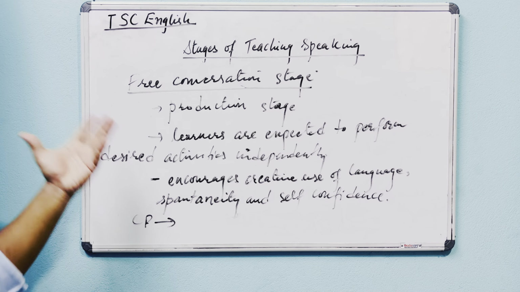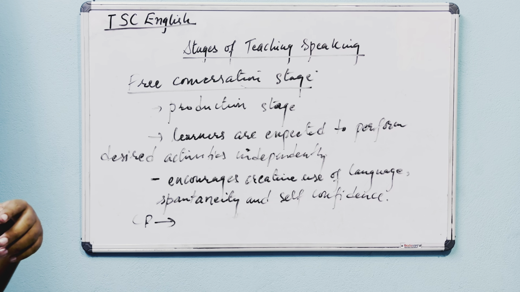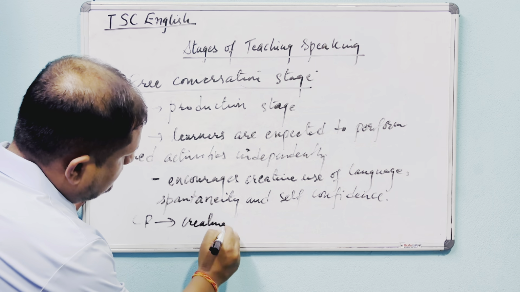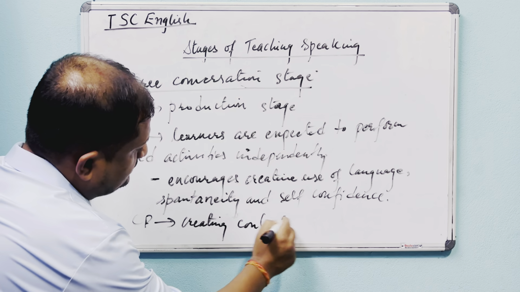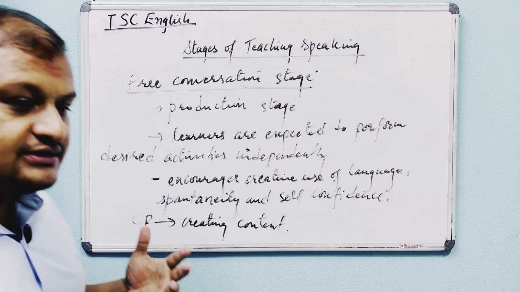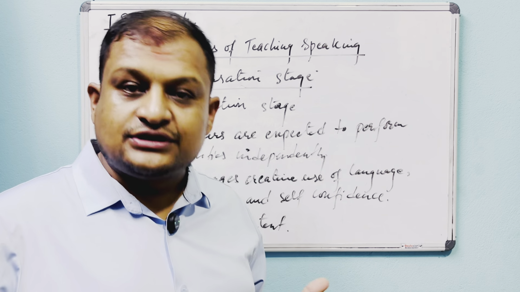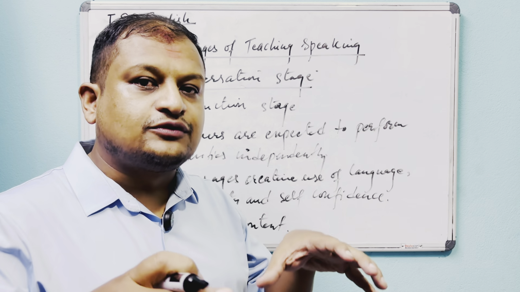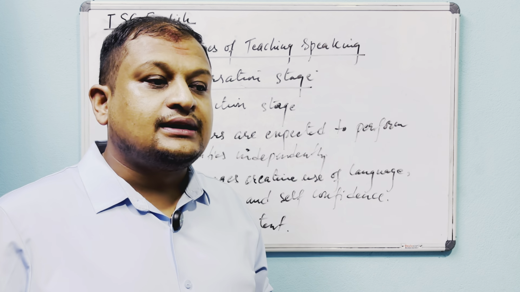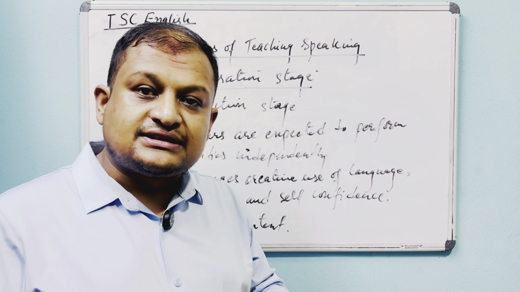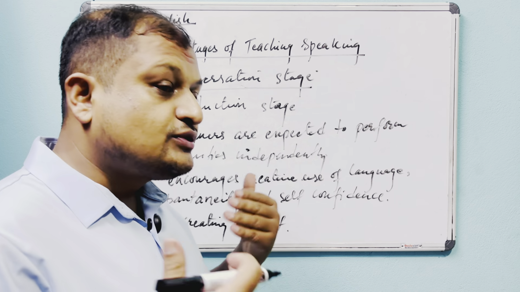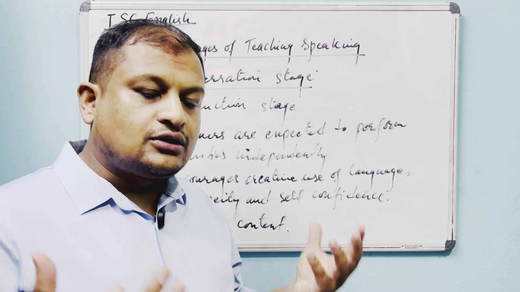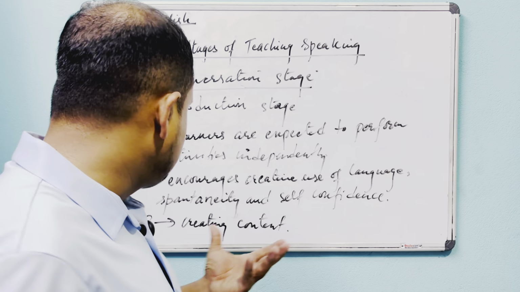Creating context is a common classroom procedure. Creating context always, because we are supposed to use the language that we've learnt in real life situations, and we can't have all the real life situations inside the four walls of a classroom. That is why it is very necessary to give the context and create one, so that the students will play the role according to the characters, according to the situation given.